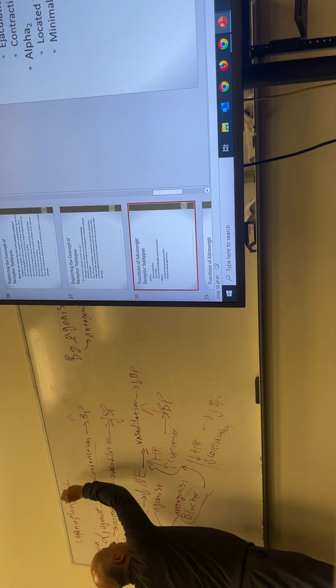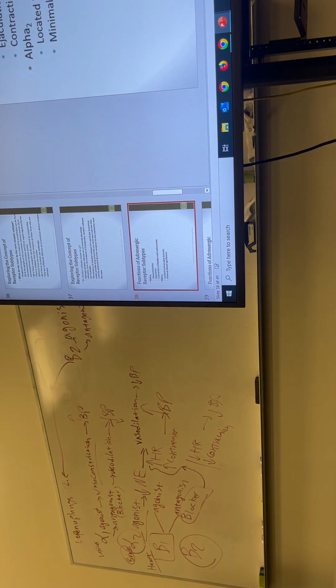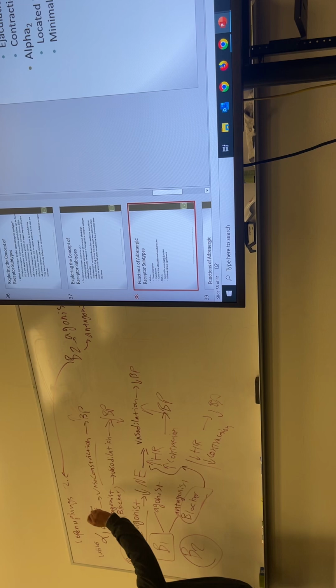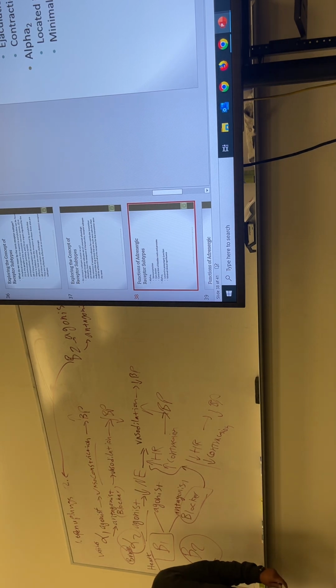And then number 2, where is the other one? Liver. What does beta 2 agonist do in the liver?